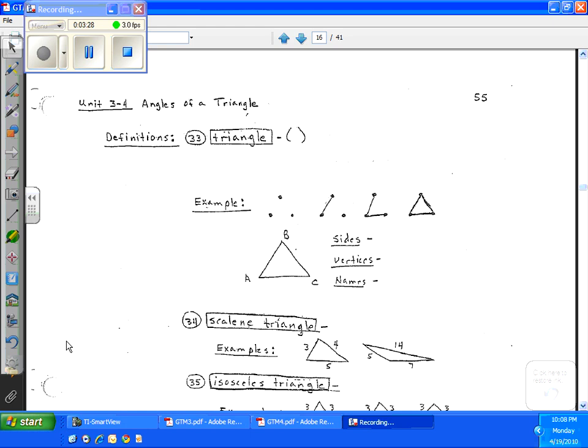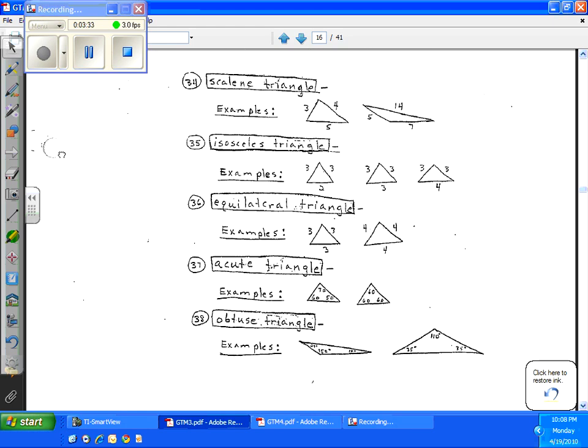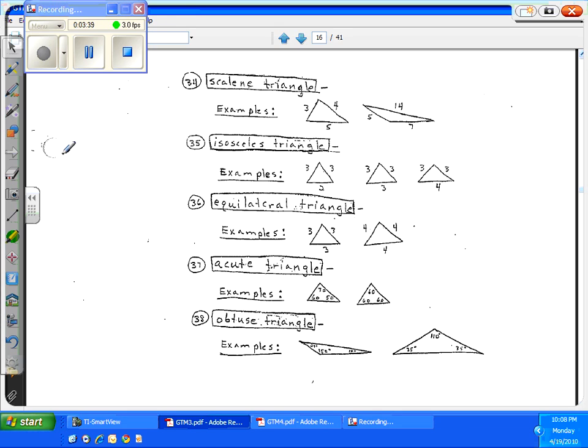Now we're going to classify triangles according to the lengths of their sides and the measures of their angles. A scalene triangle is a triangle that has no equal sides. Couple of examples, 3, 4, 5, 5, 7, 14.